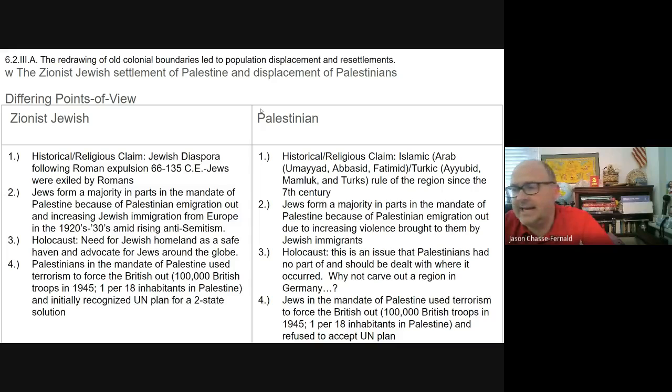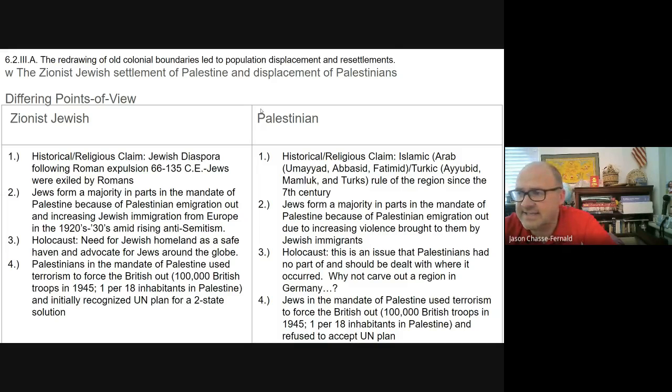So from the Zionist perspective, the Jewish perspective, the historical or religious claim essentially goes like this: that Jews had lived in this region for over 1,000 years. Really up until around the mid 60s AD or CE, and from this period from 66 to 135.